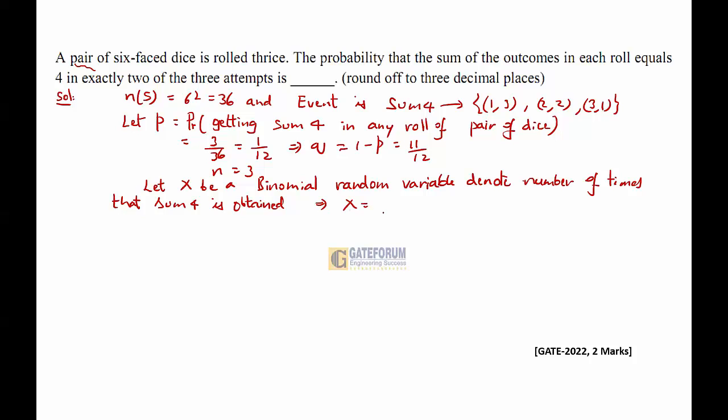Implies X is a discrete random variable, a binomial random variable taking values 0, 1, 2, 3.